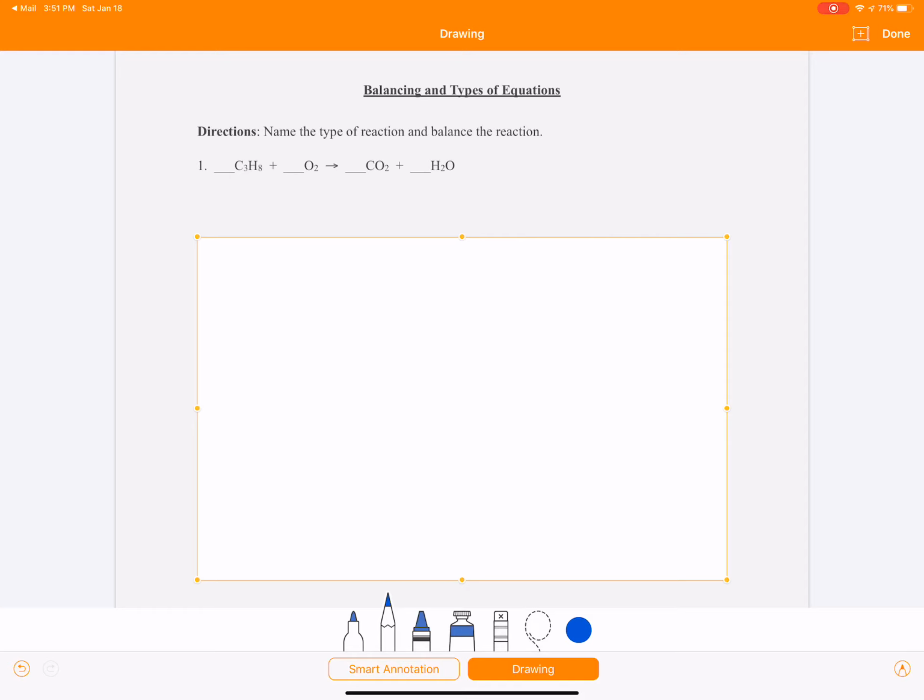Okay, so I see our first reaction is a reaction of propane gas with oxygen gas, and we get carbon dioxide and water as a product. So this is a typical type of reaction where you have a gas plus O2, and you get water and CO2. Doesn't matter which comes first.